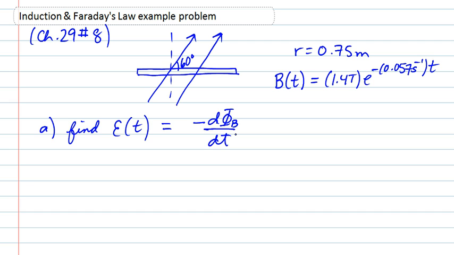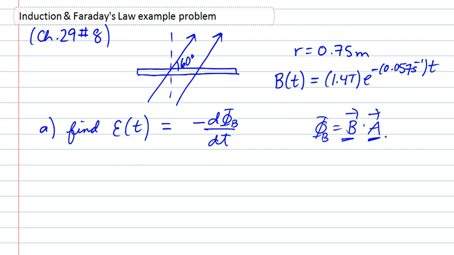And just as a reminder, d flux dt actually has two pieces to it, because flux is B dot A. We can have a change in flux two different ways. We can have a change in flux because the field is changing or because the area is changing. And in this case, the area is constant and the field is changing.